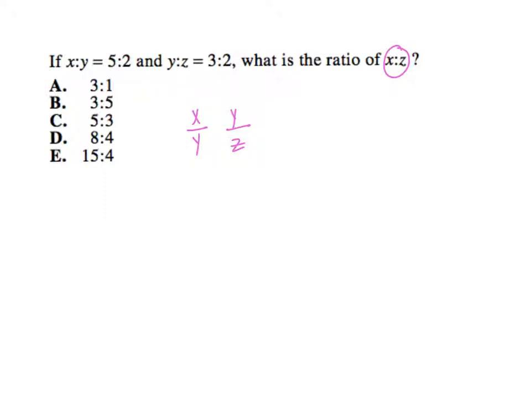And so what I notice is that the goal is to try to get x and z, right? And so immediately when I write this out as fractions, I'm like, if I could cancel out these y's and multiply straight across, I can get the x by itself on the top and the z by itself on the bottom. And so there's a way I can do that, right?